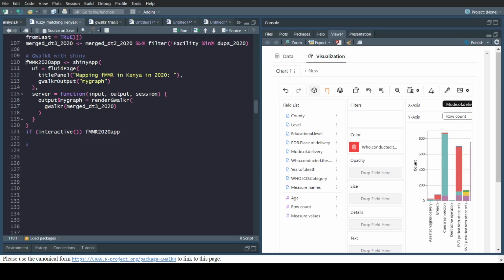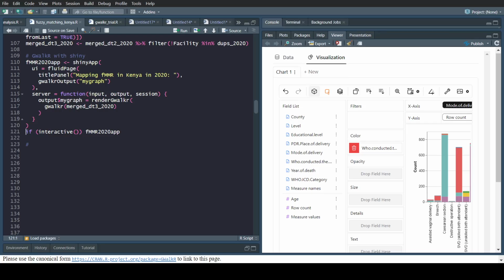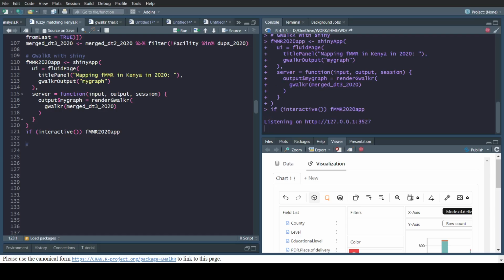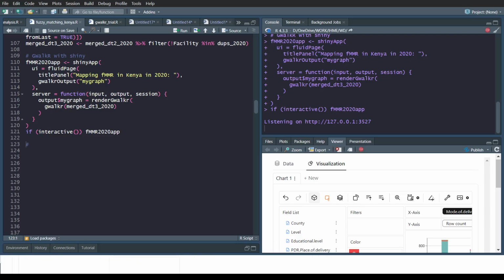So this code will just create the app, and then we will run it. So let's run this to create the app, and then we run that to show the app. This will be using a different data set in this particular demonstration.